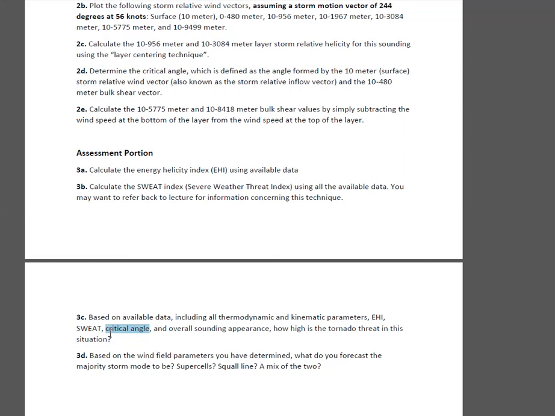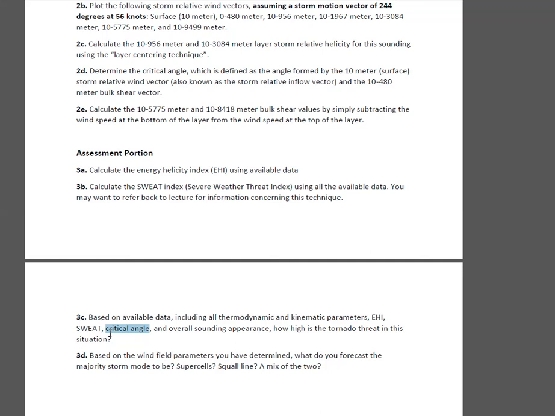More typically, the values run 55 through about 70, 75 will be conducive for strong to violent tornadoes. There can be exceptions if you have real strong CAPE that can help to accelerate the updrafts and make them stronger and stretch the updrafts, etc. That can help compensate for critical angles that are not as favorable.